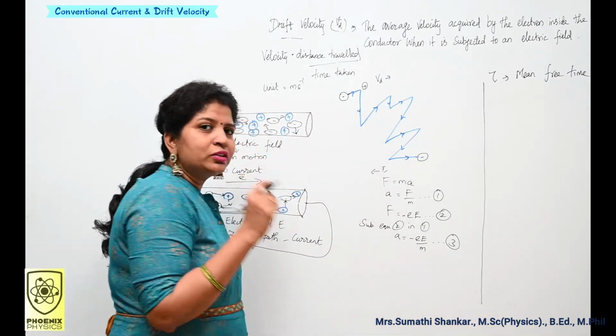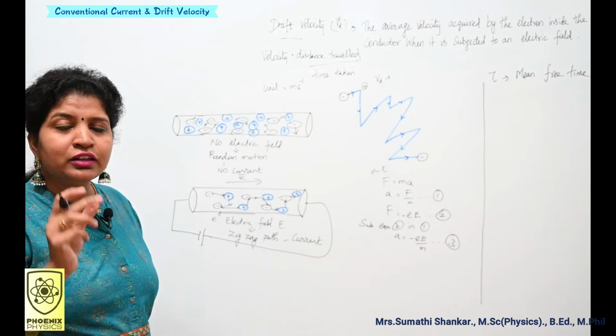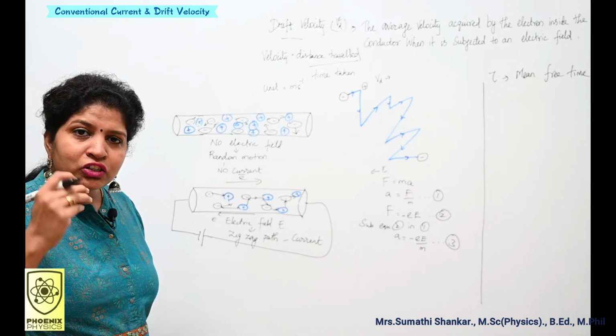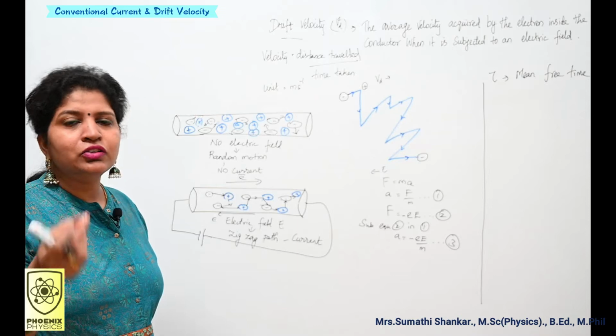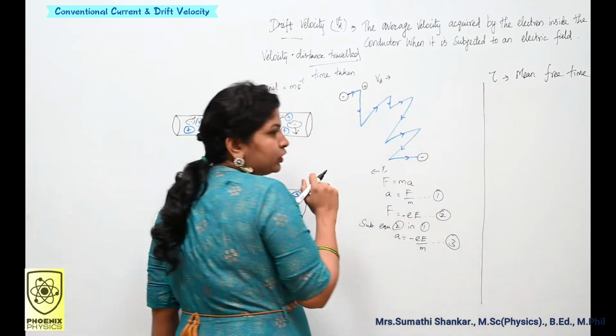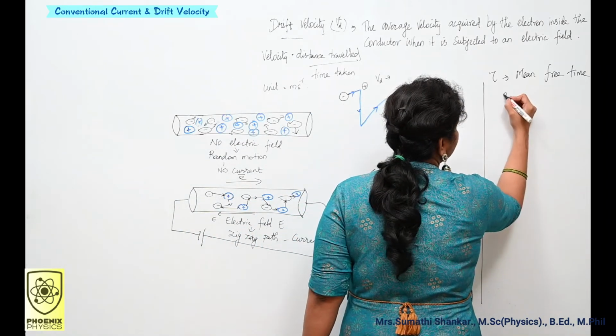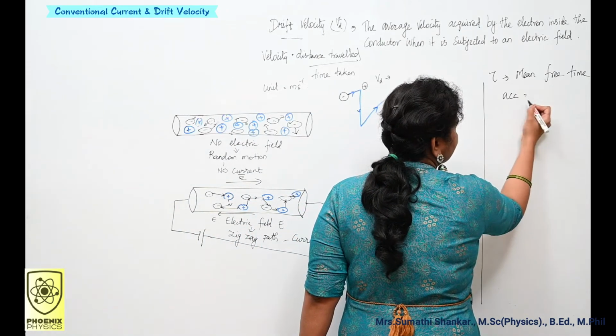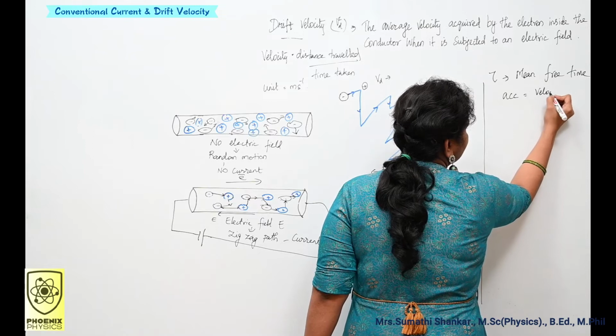Then what is mean free time? It is nothing but the average time between successive collisions. It is denoted by the letter tau. You know the formula for acceleration: acceleration is velocity by time.